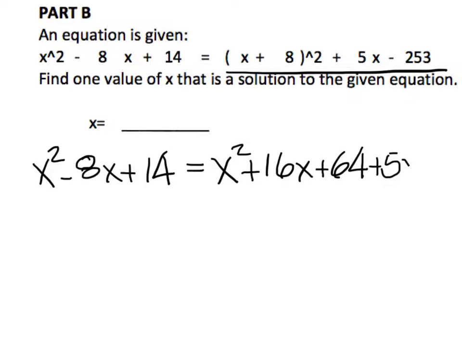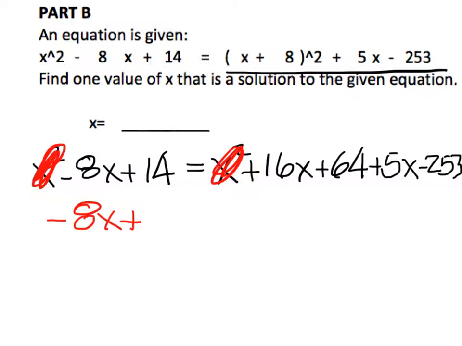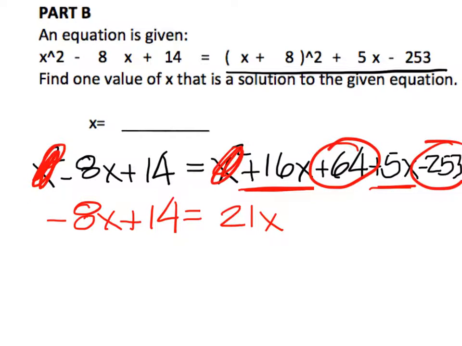And of course you have plus 5x minus 253 left in there. x squared, they're gone. So negative 8x plus 14 is left on the right, but over here we have 16x and 5x. That's 21x. And then you have 64 minus 253, which is a negative 189.